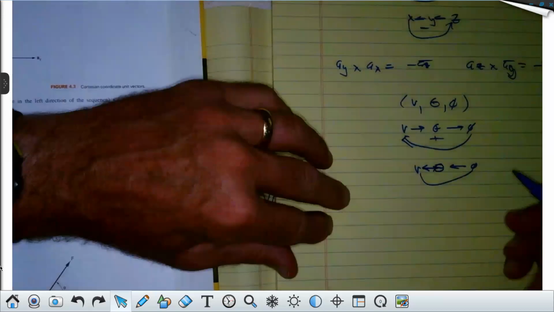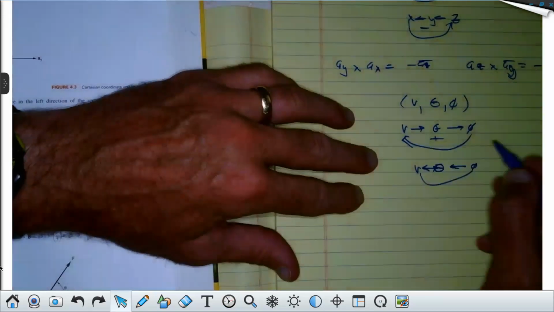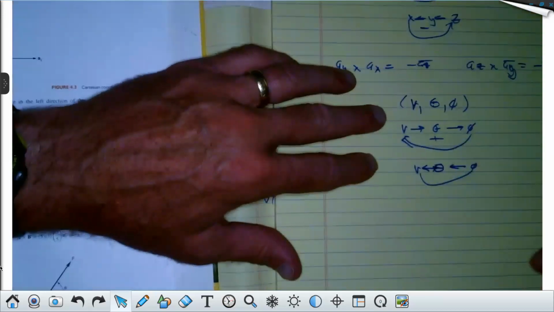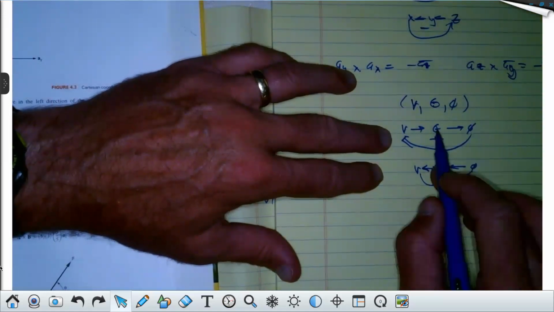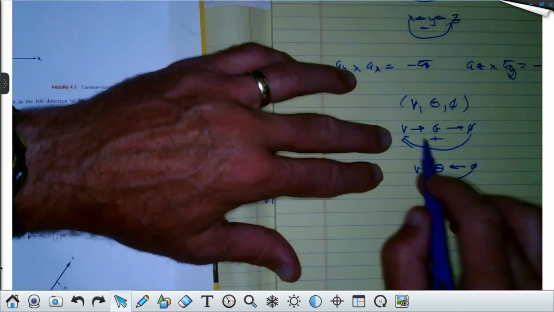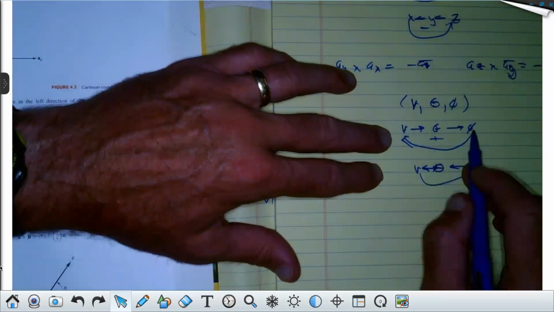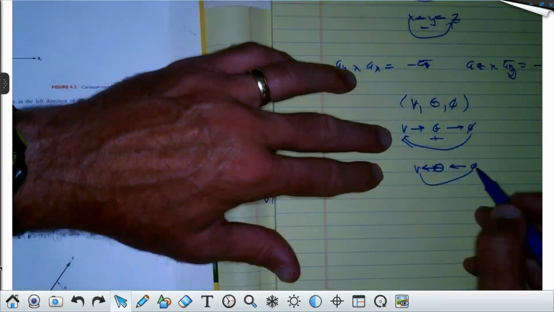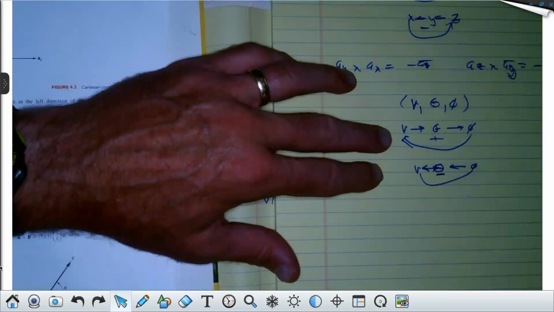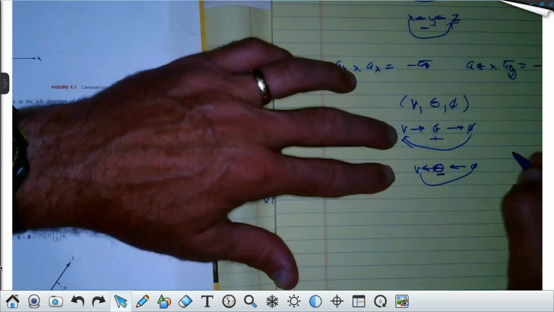I'm just showing you the crossings in spherical coordinates. The coordinates are R, theta, and phi. If I go A_r cross A_theta, I get positive A_phi. A_theta crossed A_phi, I get positive A_r. And then A_phi crossed A_r, I get positive A_theta. If I go the opposite direction, they're negative. So I'll ask you one question with spherical and we'll break out of here. What is A_phi crossed into A_r?